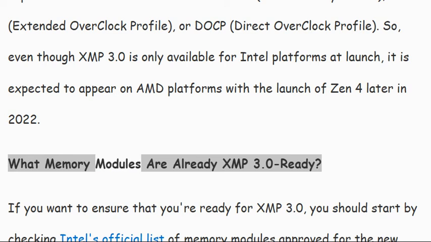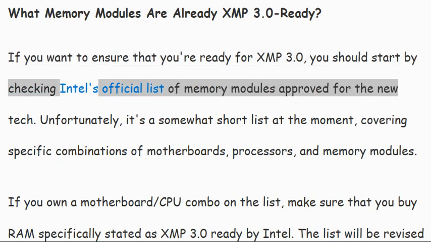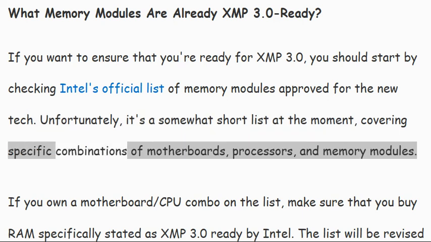What memory modules are already XMP 3.0 ready? If you want to ensure that you are ready for XMP 3.0, you should start by checking Intel's official list of memory modules approved for the new tech. Unfortunately, it's a somewhat short list at the moment, covering specific combinations of motherboards, processors, and memory modules.